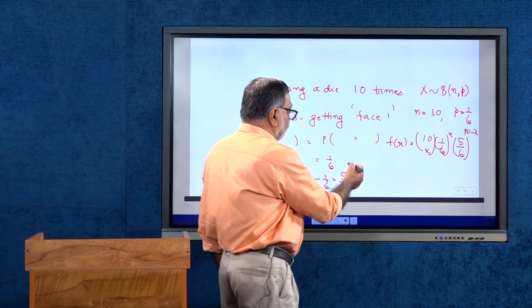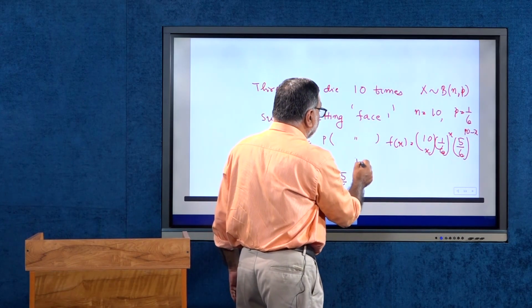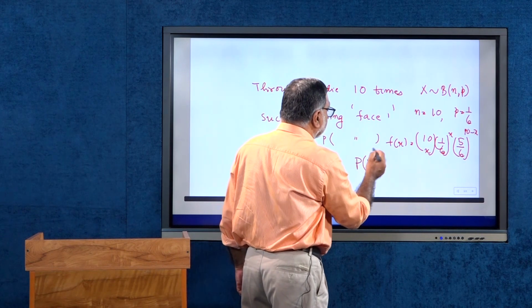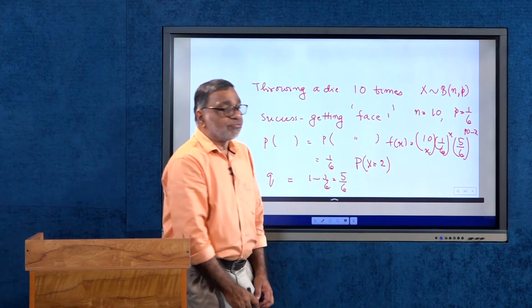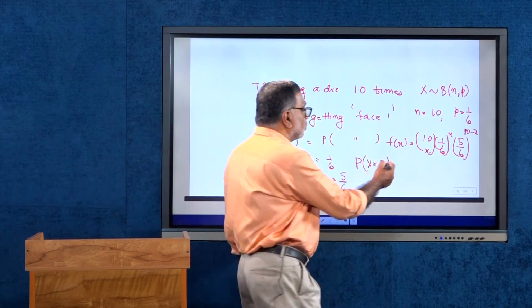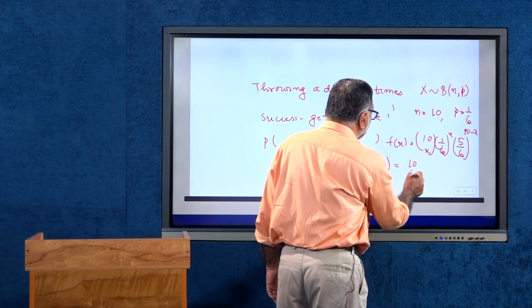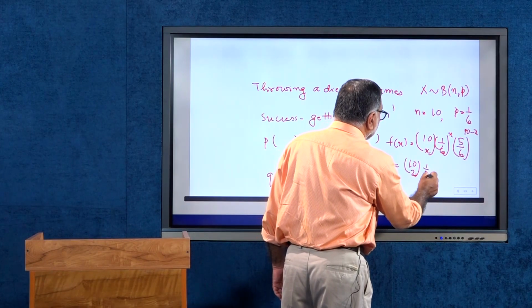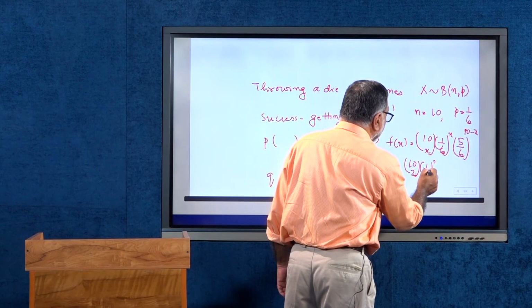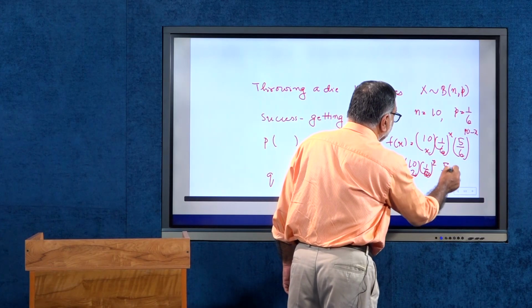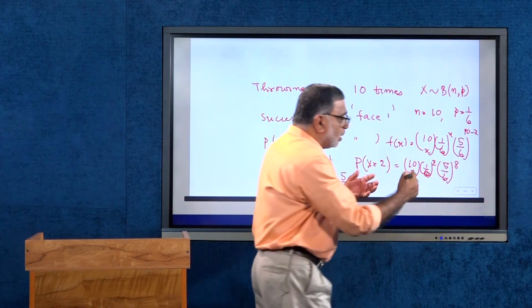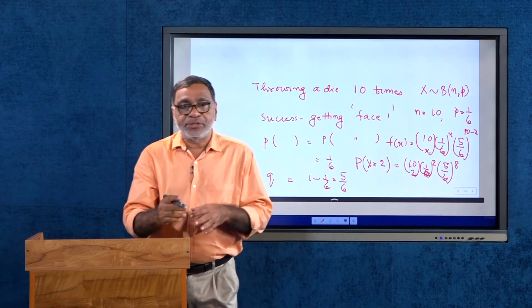From here, if you are interested to find any probability, suppose the probability of getting 2 times face 1, that is equal to 10C2 (1/6)^2 (5/6)^8. Similarly, we can calculate any probabilities.